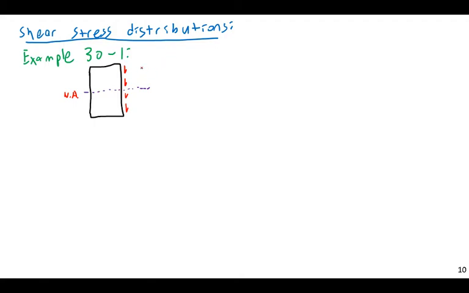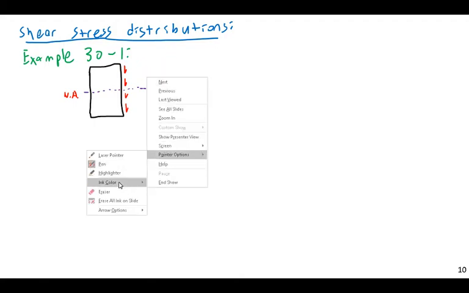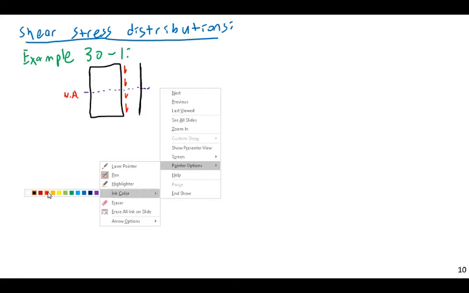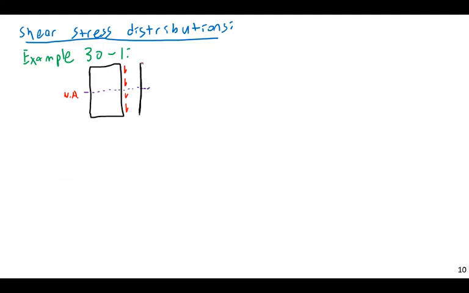If I plotted them along a vertical axis, the relation between shear stress and depth is going to be like this. I'm going to have parabolic behavior, just a smooth parabola.